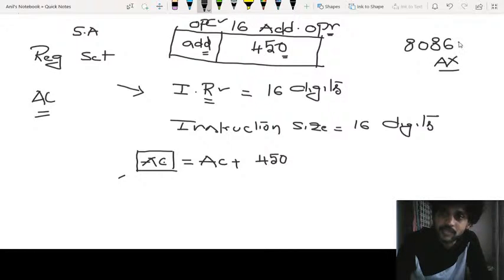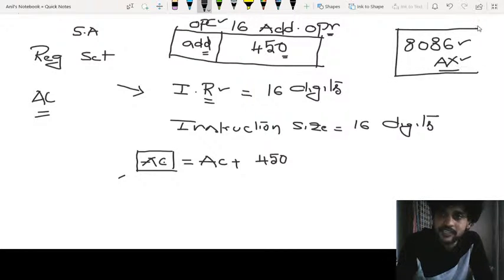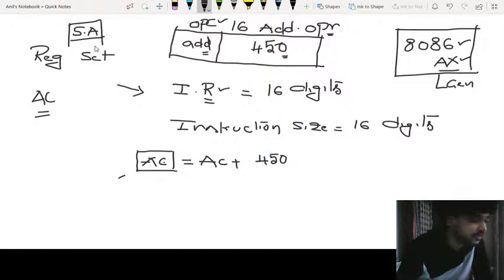But when it comes to the 8086, of course, accumulator is called AX register. So do not mix the other things here. I'm not discussing 8086 architecture. 8086 architecture follows general register organization. We are following single accumulator organization. Did I make myself clear?